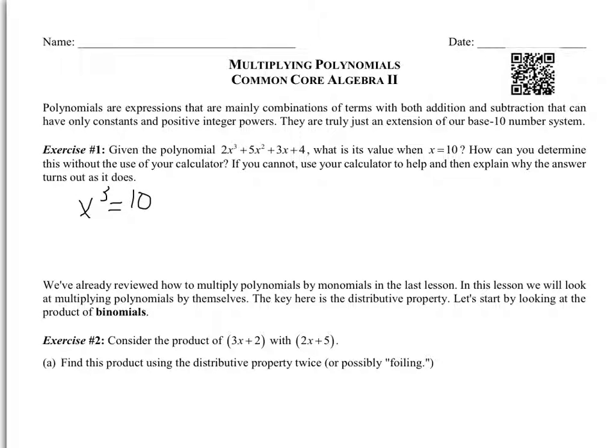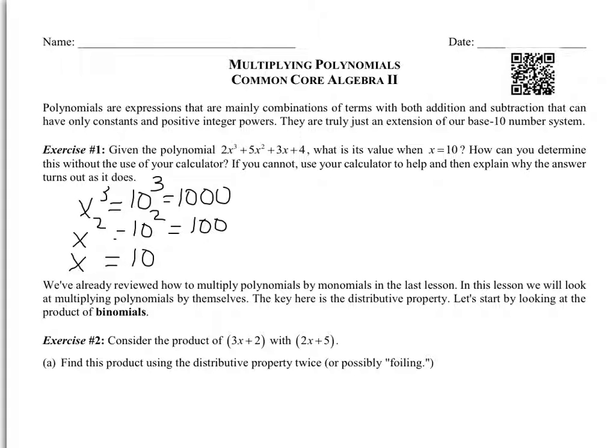X cubed is 10 cubed, and using our base 10 number system we should know that 10 to the third is 1000. Likewise, x squared is 10 to the second power, which of course is 100, and x alone of course is 10.